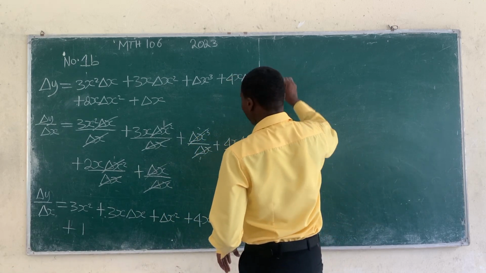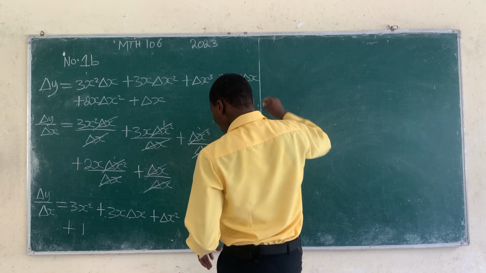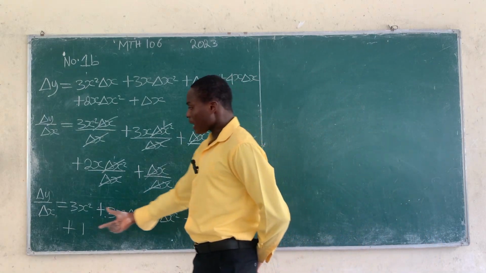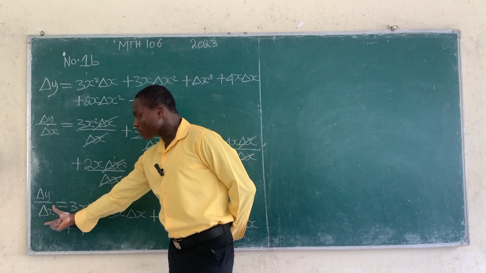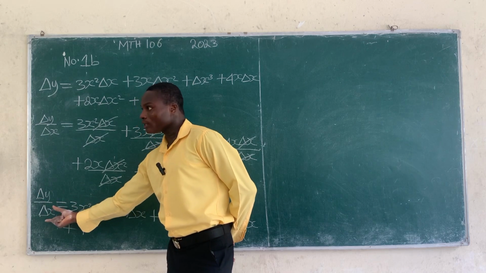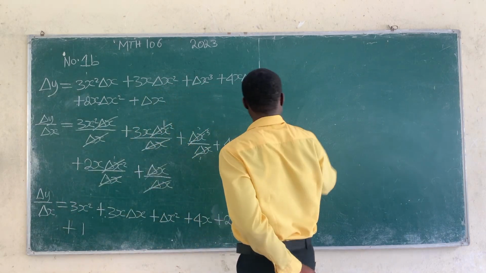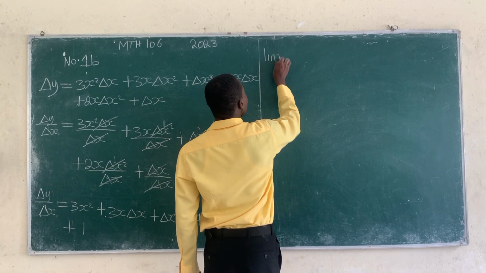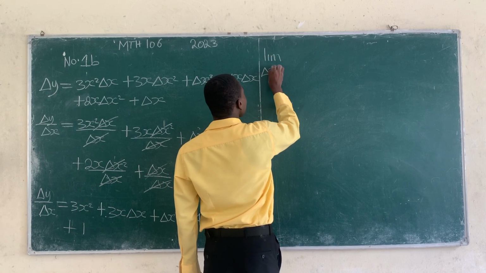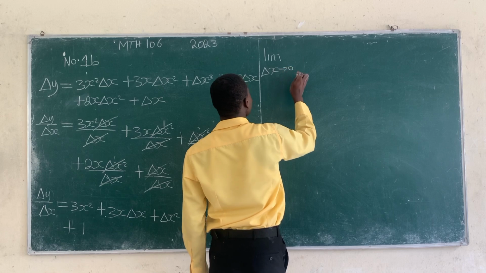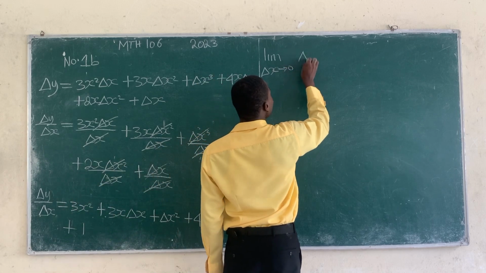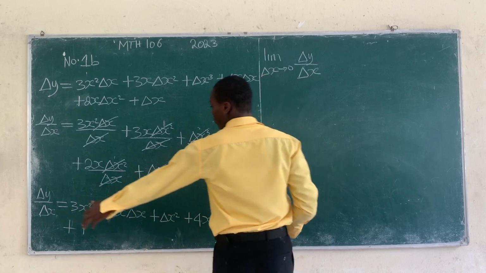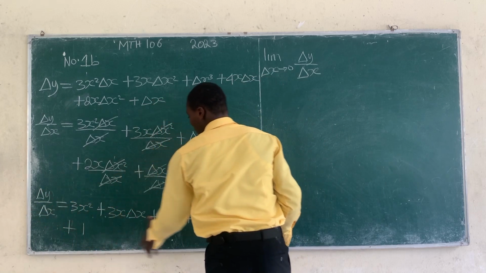Having obtained this, our next task is to take the limit as increase in x approaches 0 of increase in y over increase in x. That is, we are going to take the limit of this: the limit as increase in x approaches 0 of increase in y over increase in x. We take the limit to the left hand side. We also take the limit here.